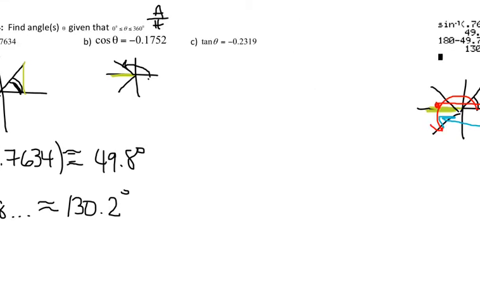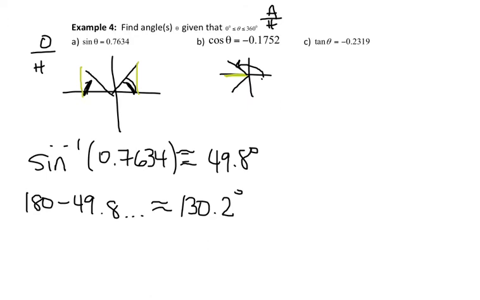Or 180 plus 79, that's going to be this angle of the 259. So either way, we're going to end up with our two theta values. So this top one, 100.1, this bottom one, 259.9.